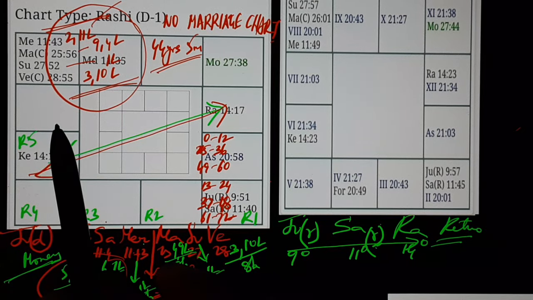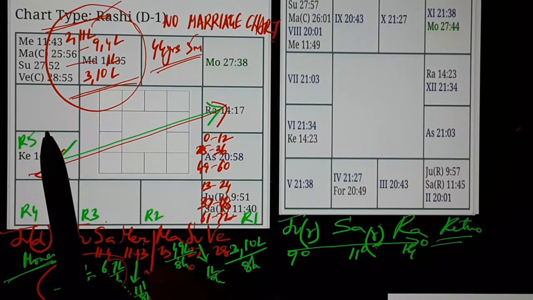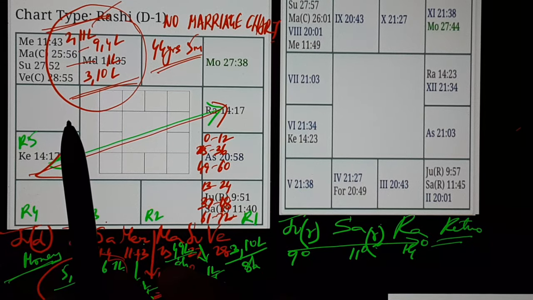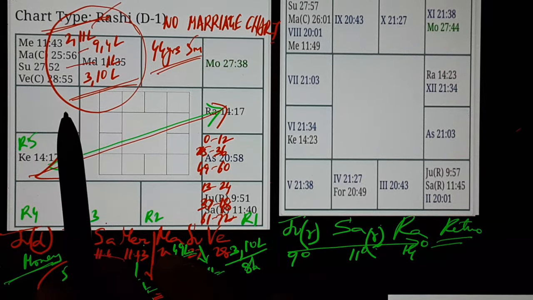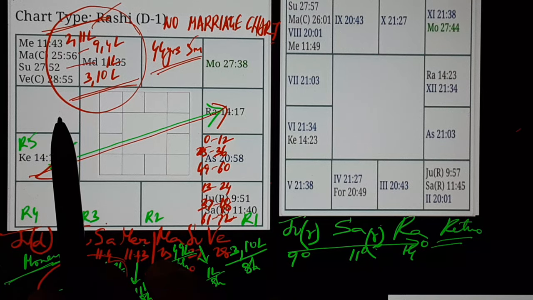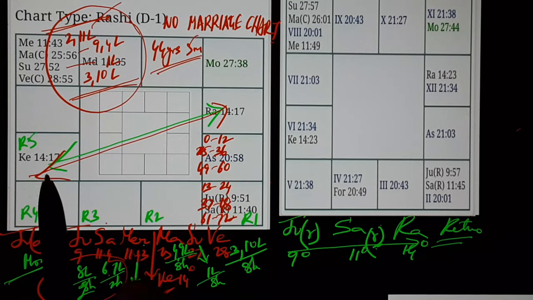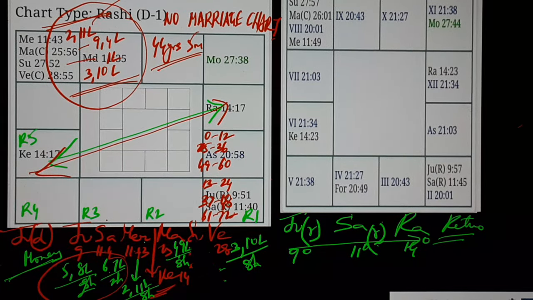Though Venus is exalted, it is combust. We should not forget that it is in super conjunction or super combustion to Sun. Both Mars and Venus are totally destroyed by Sun here in the chart, and Sun is sitting in the middle of both, Mars on one side and Venus on the other side.